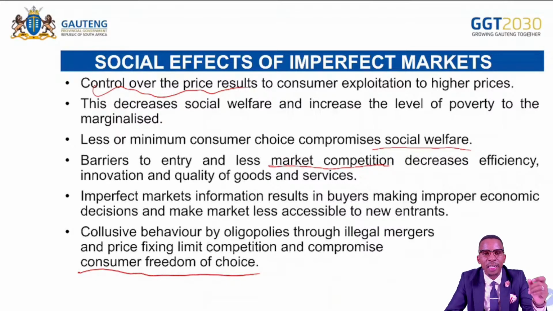Consumers must be able to compare prices. But if firms are selling the product at the same price, consumers do not benefit from choosing one firm over another, because they are all selling the same product at the same price. So consumer choice is highly compromised.